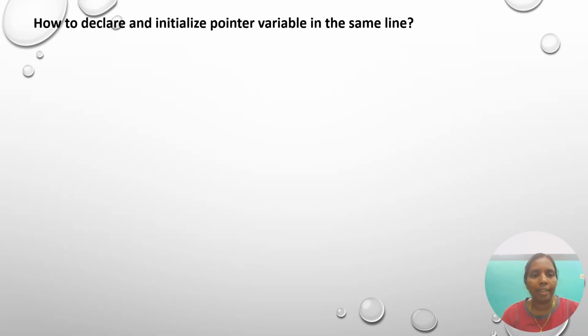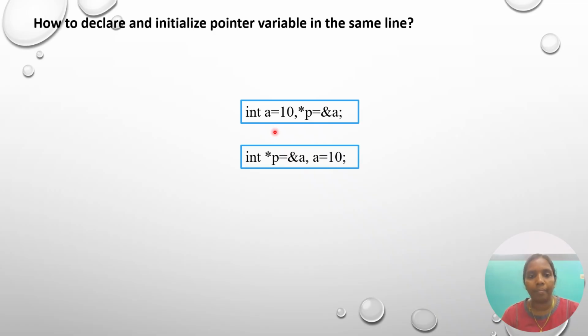So how to declare and initialize a pointer variable in the same line? int a equal to 10, asterisk p equal to ampersand a. This means the pointer p holds ampersand a, which is the address of the value a.